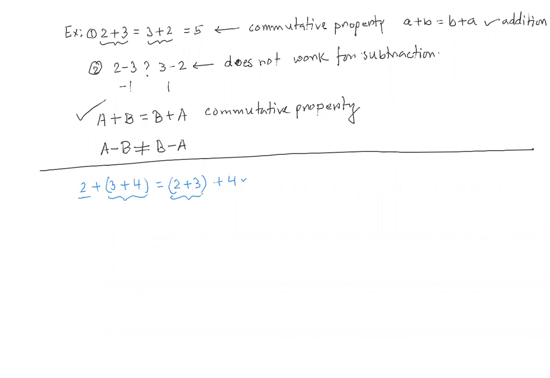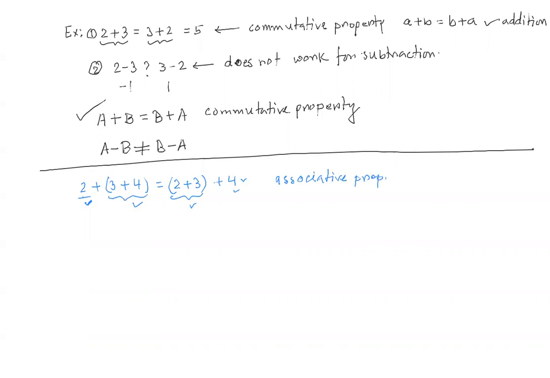Parentheses, remember, please excuse my dear Aunt Sally, PEMDAS. P stands for parentheses. You have to evaluate the parentheses first, so here you evaluate the parentheses and then add the result to 2. Here you evaluate the parentheses and then add it to 4. So how you associate them doesn't make a difference. Both of them are the same. This is called the associative property.